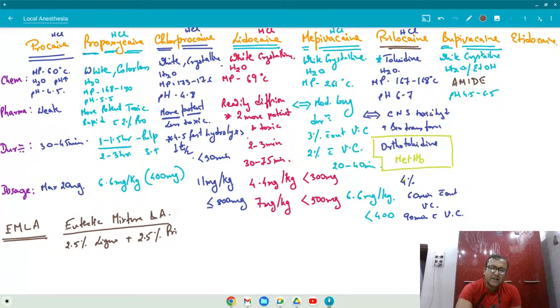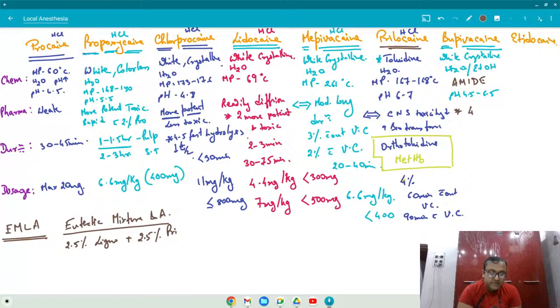Boiling and autoclaving can again be done. Now remember, it has 4 times more intrinsic anesthetic activity as compared to mepivacaine. So it is 4 times better than mepivacaine.